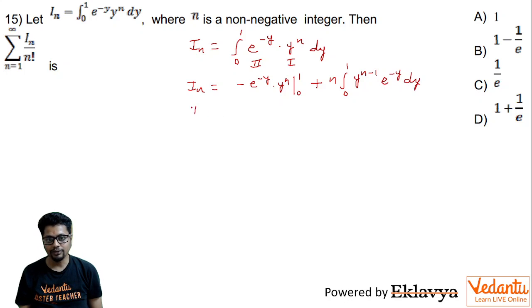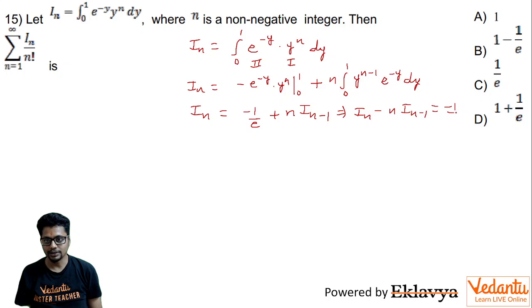If you see carefully, I_n is equal to, when you put y to be 0, it vanishes, and when you put y to be 1, it's essentially minus 1 by e, plus n times, if you see carefully, this is I_(n minus 1). So what you have is I_n minus n times I_(n minus 1) is equal to minus 1 by e.